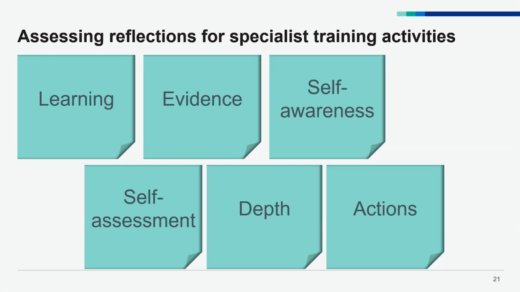And then finally we've got actions. Whatever you've learned, whatever you've identified in your reflections should be developed into some kind of actions. That again shows greater depth, because it shows that you're converting that learning into concrete ways of progressing. So what are you going to do with this new knowledge or understanding about your own practice and the behaviours of others?